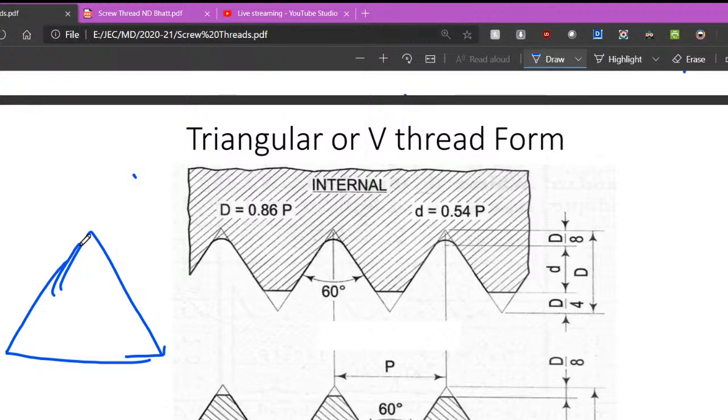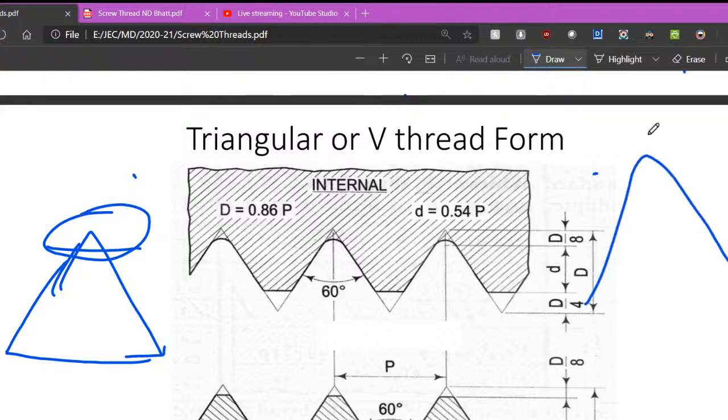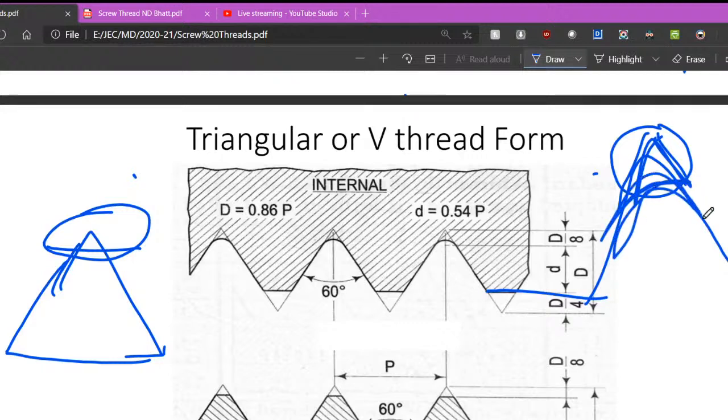So for external thread you will chop off some crest, and for internal thread, instead of making exactly V-shaped thread, we leave some material and make it groove. So that is for internal thread. I hope I have cleared this.